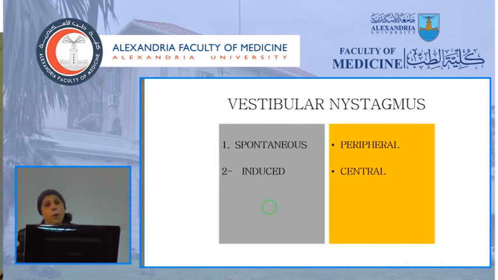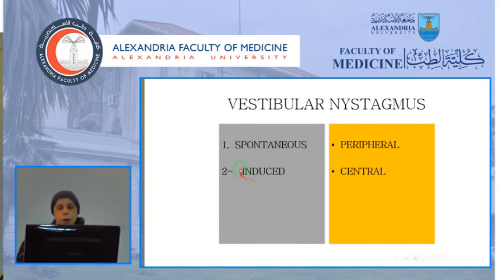So, vestibular nystagmus may be spontaneous or induced. Spontaneous means that the patient comes, you look at his eyes, and the eyes are moving back and forth in a repetitive manner without you doing any manipulation to the patient.